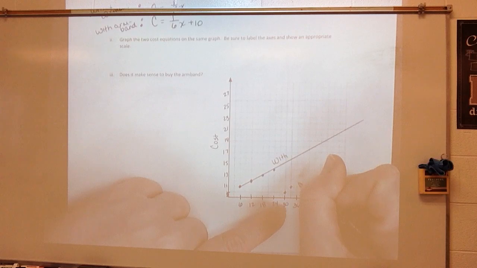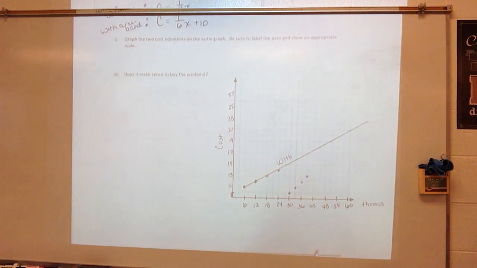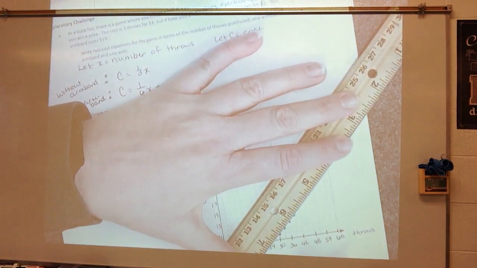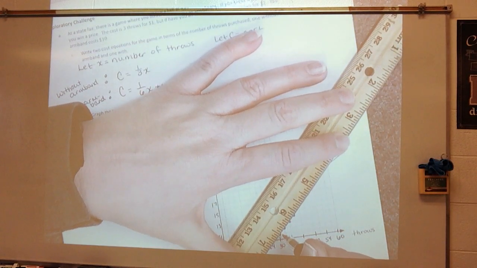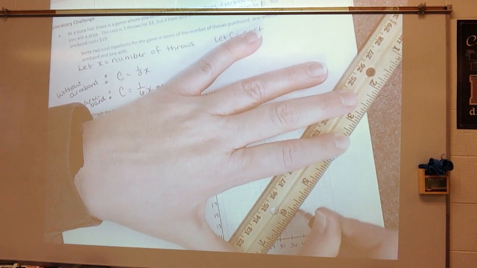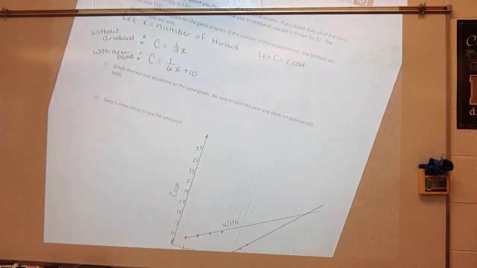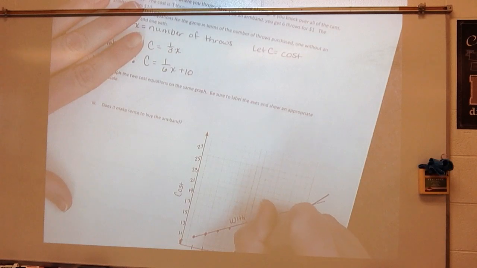So this is what you're going to see. My graph is going to look like this. So this is without the armband.